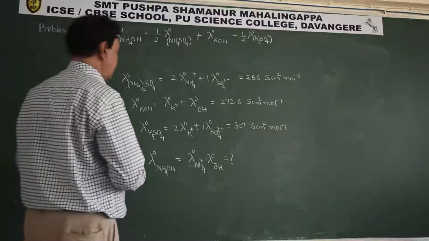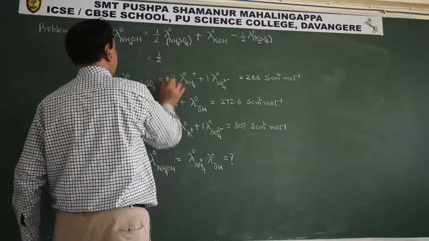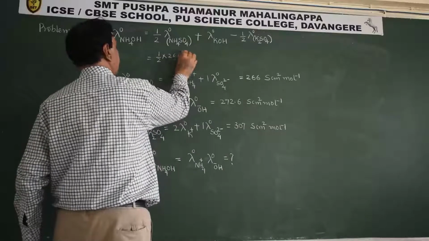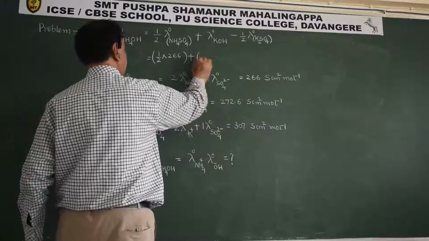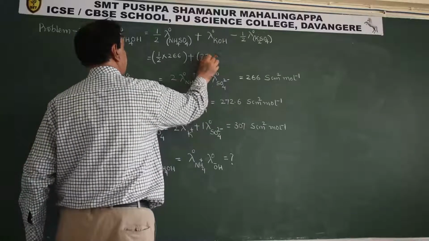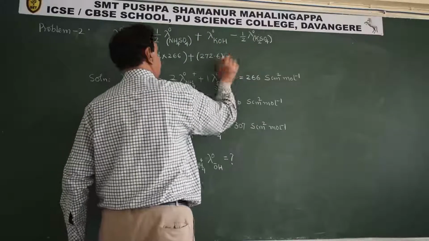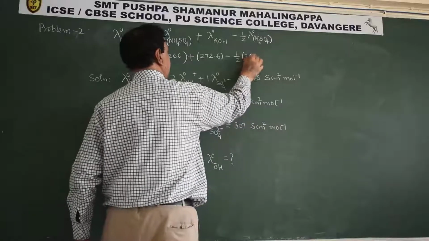Then substitute the values: half of 266, plus 272.6 as such, minus half of 307.